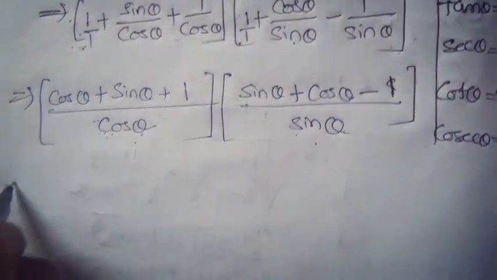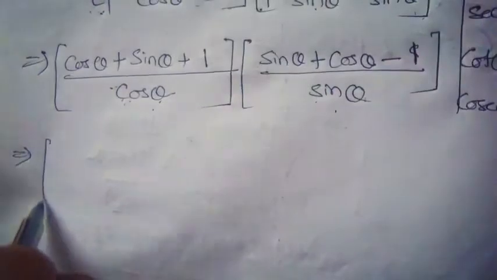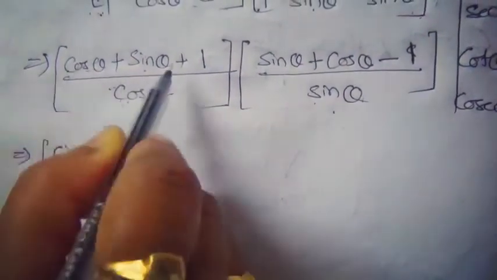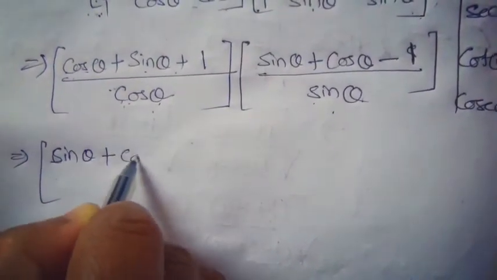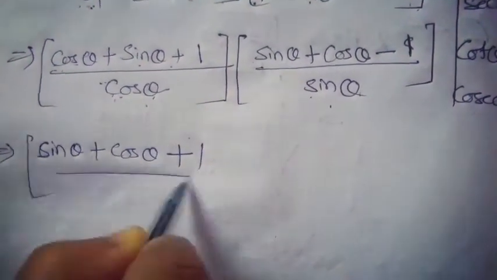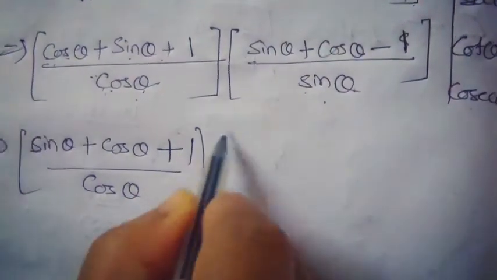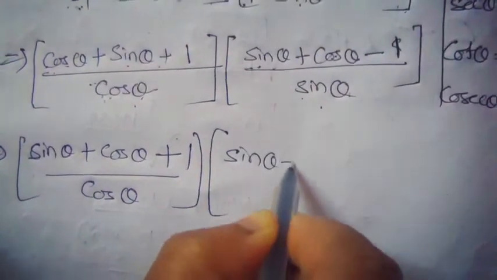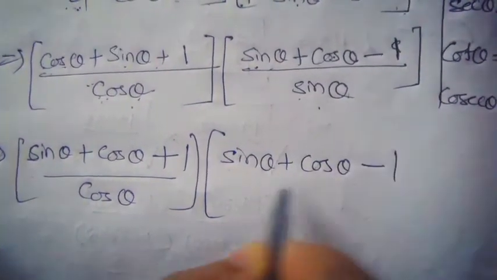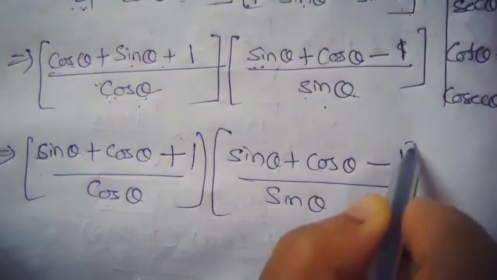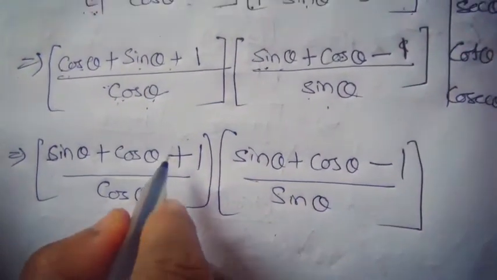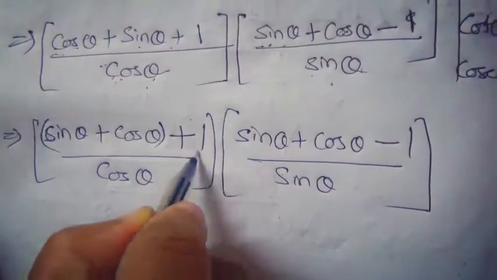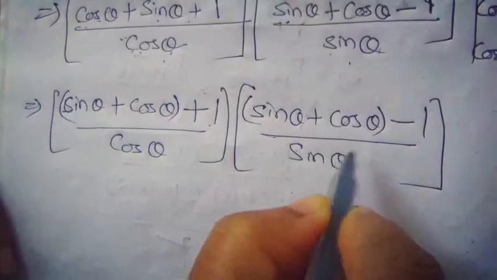Okay, just I am rearranging for convenience. So sin theta I am writing first, cos theta next: sin theta plus cos theta plus 1 by cos theta. Here also it is already in order: sin theta plus cos theta minus 1 by sin theta. Look inside: sin theta plus cos theta plus 1, and sin theta plus cos theta minus 1.